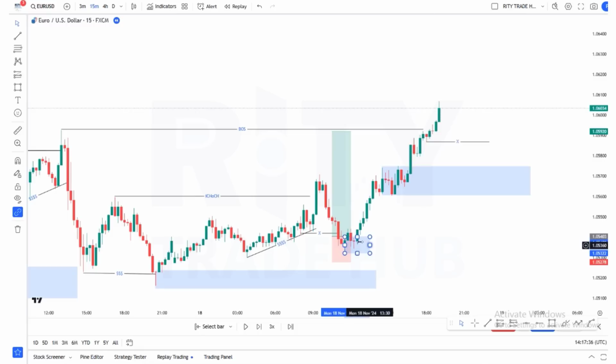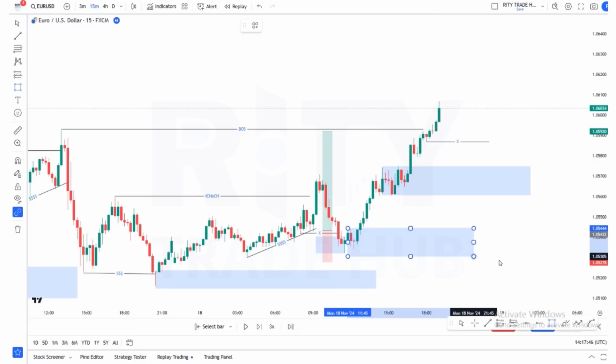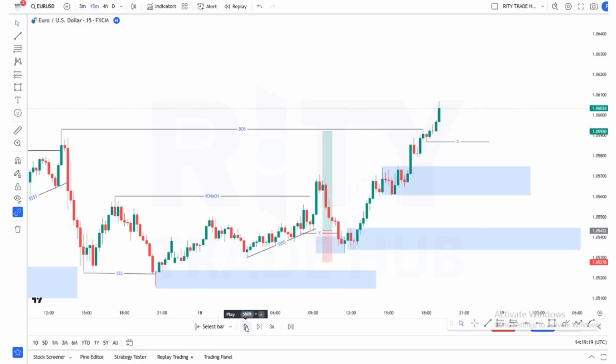And then moving on, let me take this out. We have an extreme POI. So let's play price forward and see what we've got here.